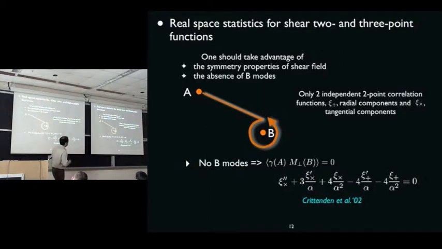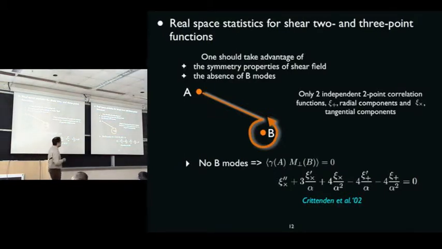So this can be used either as a test of your analysis or as a feature you can exploit, which means that when you measure the correlation function of the shear field, you have more information than you need to recover the one which is cosmologically significant.